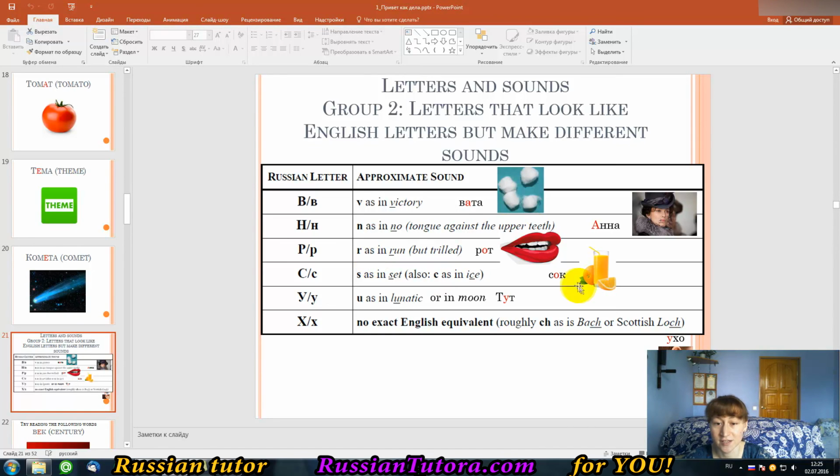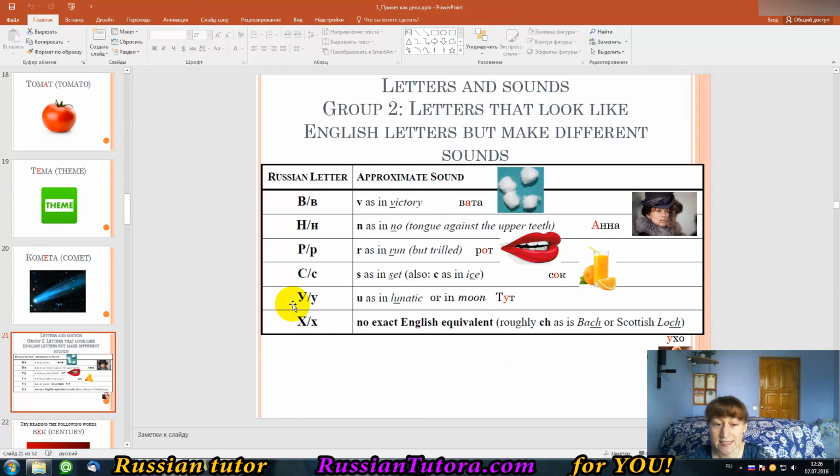Рот, mouth. The next letter is S, and the sound is S. Unlike the English letter C, this letter always makes the S sound. It never makes the K sound. For example, сок, juice.